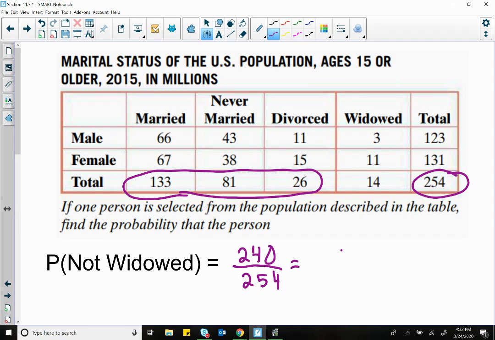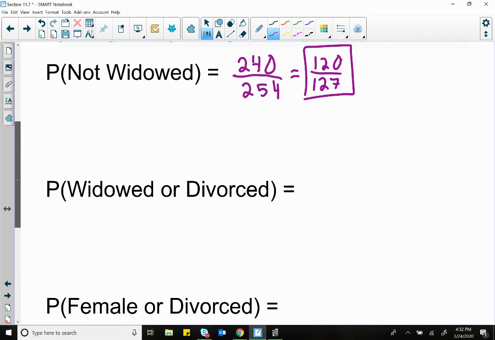So we go to our calculator, 240 out of 254, and we get the probability of 120 out of 127. There's your probability. So that was just going back all the way from 11.4.